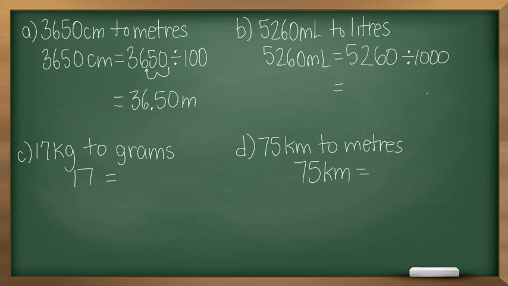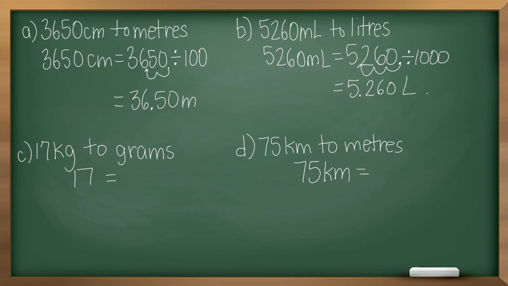When we're dividing by 1,000, we're moving 3 places. So 5.260 liters is the same amount as 5,260 milliliters. Please notice that the abbreviation for liters is a capital L. The reason for that is that a lowercase l might be confused for a 1. So you'll notice even in milliliters, we use a capital L.